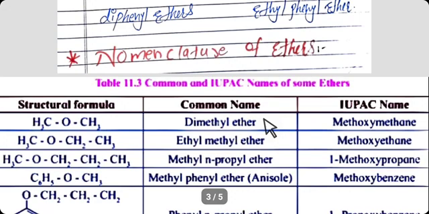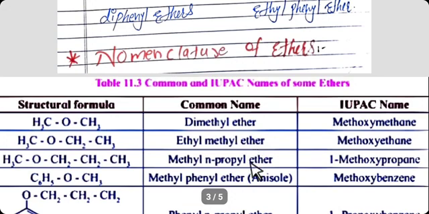In mixed ether, name the alkyl or aryl groups as separate words in alphabetical order, followed by the word ether. See in this example, CH3O CH2 CH3. So alphabetically ethyl, methyl, and at the end ether.